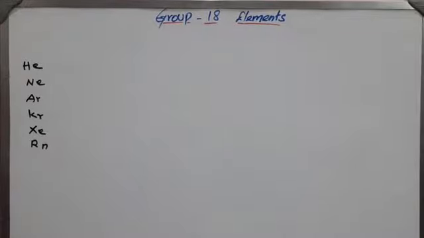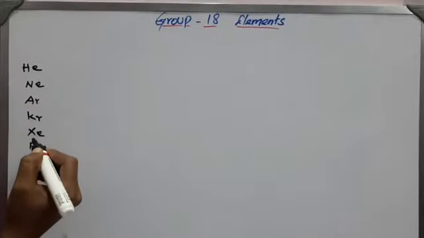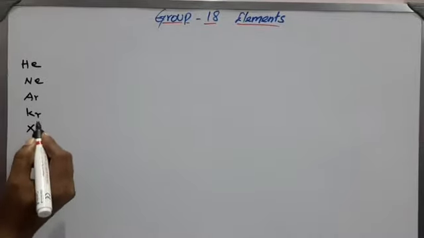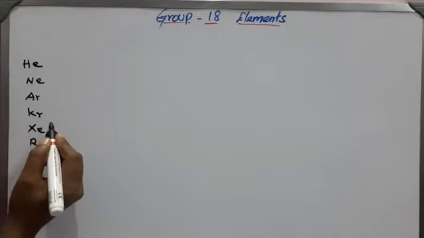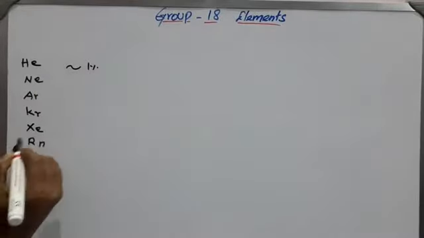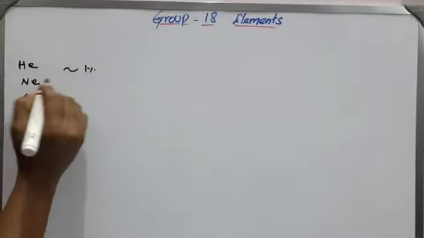So here we have helium, neon, argon, krypton, xenon, radon. Earlier in our lower section we studied that these are inert gases, because the earth's atmosphere contains only approximately 1% of these gases.